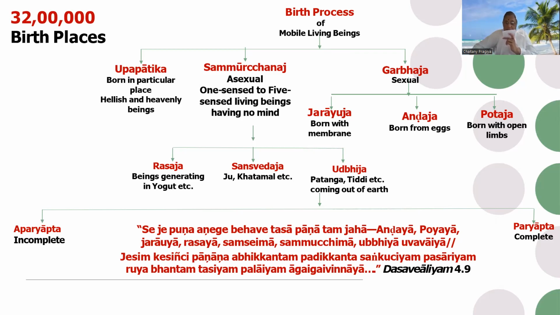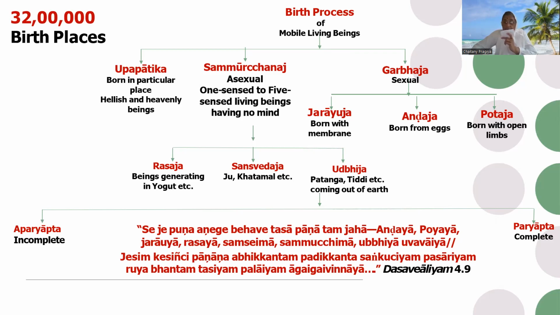So we see that a human child takes birth with a membrane. It is covered by a membrane when it is born, and after coming out of the mother's body, the membrane is separated. Among all the birds, mostly they come out of eggs, so their process of taking birth is in the form of an egg.